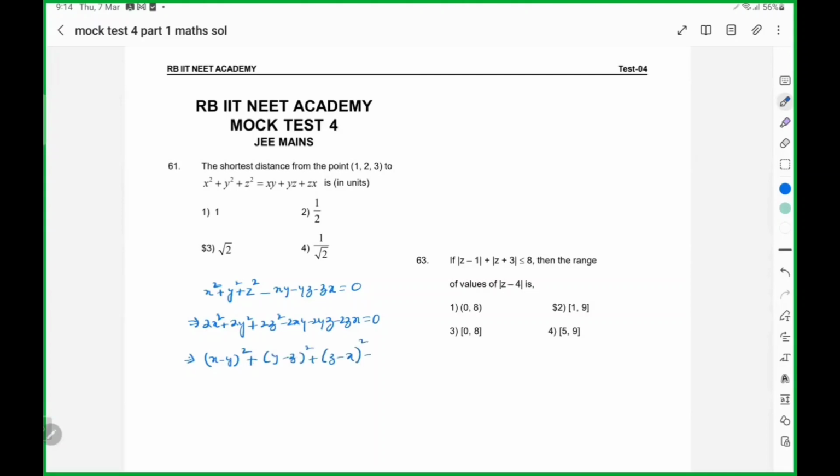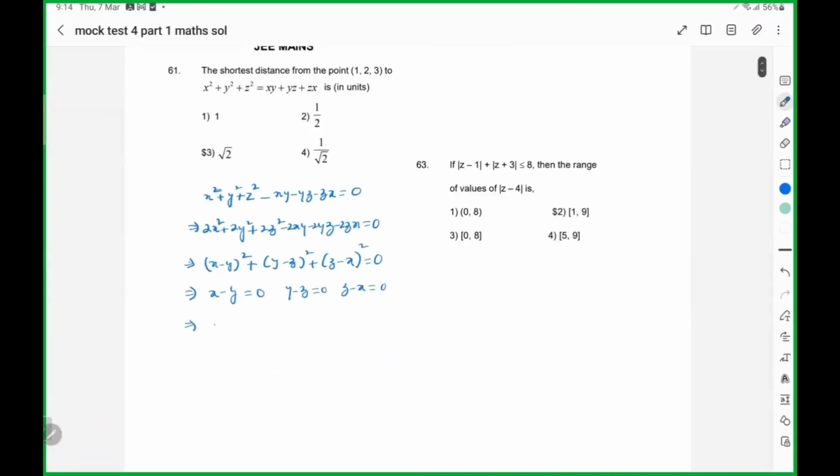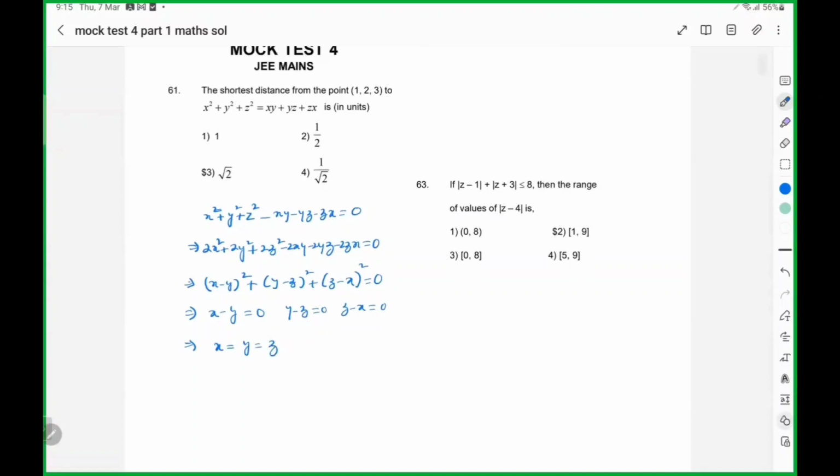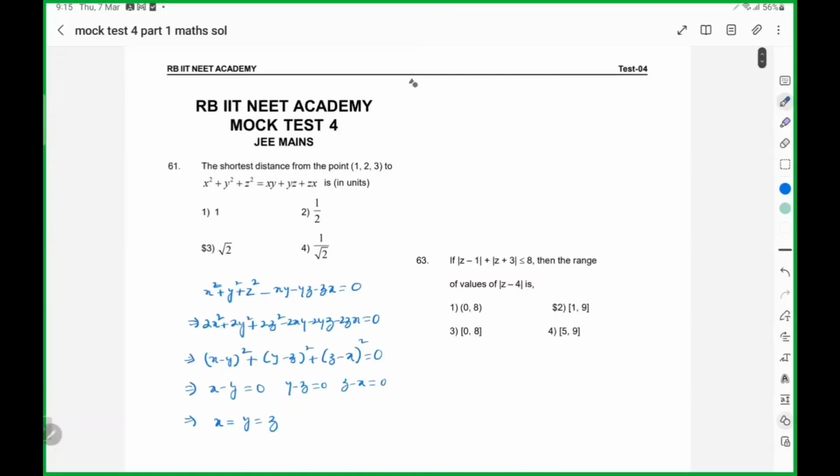Sum of squares is 0, so each one must be 0. So finally this equation concludes as x = y = z, which represents a line in 3D.